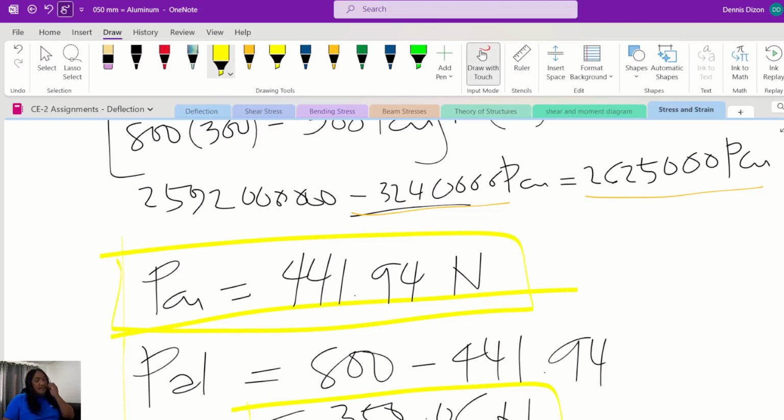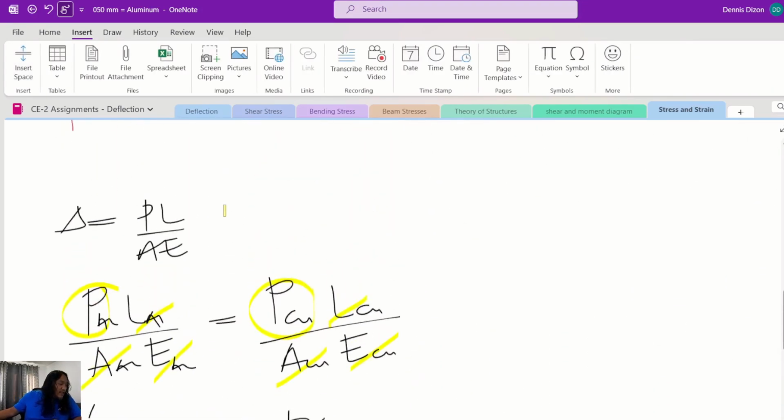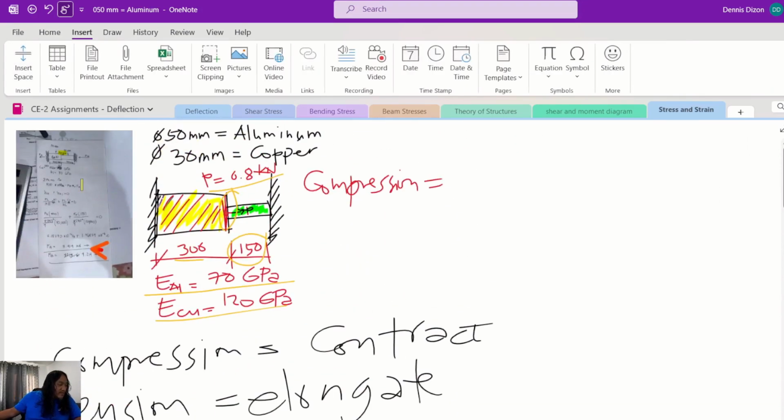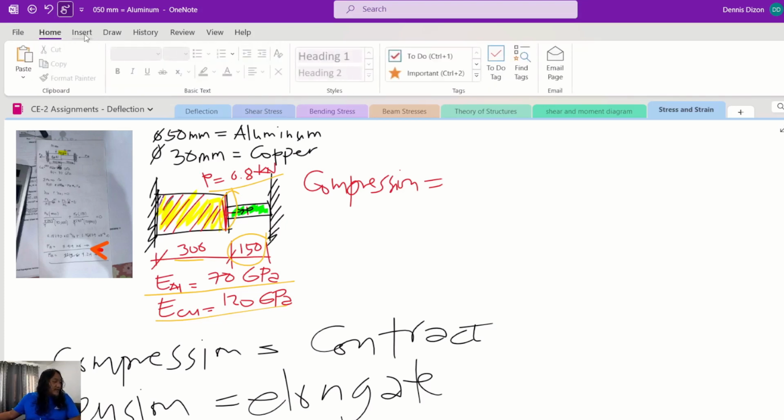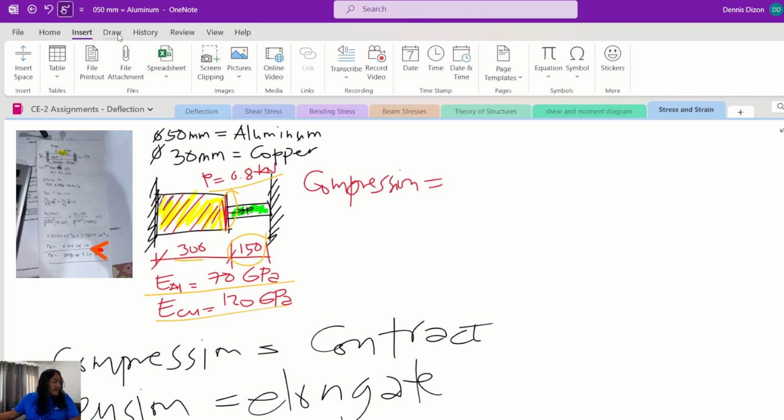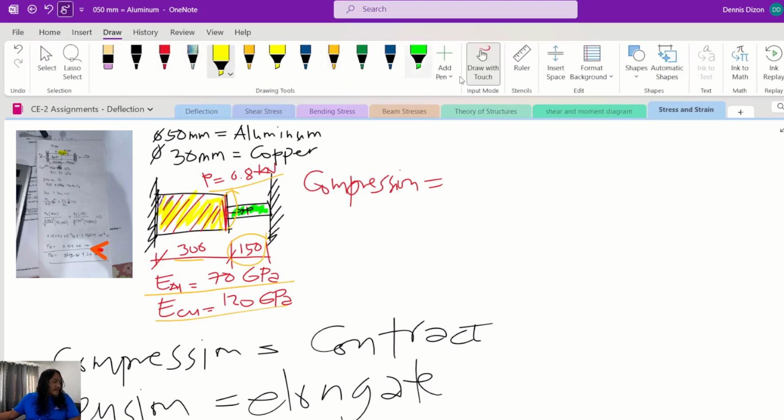Now going back to his problem, actually he sent this question with a solution, but when I first saw this one, let me check.